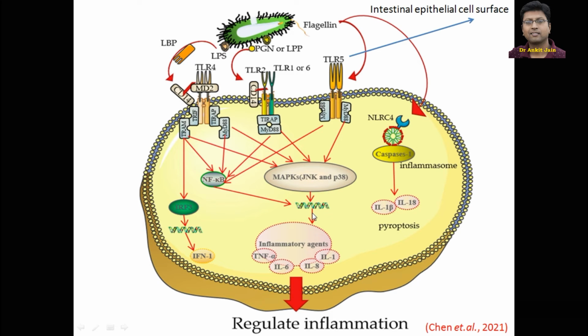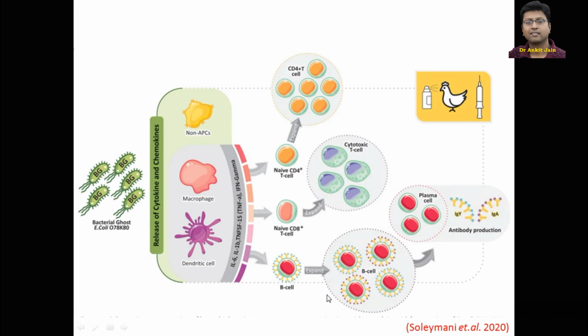They produce different types of gene expression, leading to further production of different cytokines. These cytokines are responsible for inflammation, and result in the production of different B cells and T cells. So when the bacterial ghost platform activates different types of cells, it produces T cells and B cells; B cells produce antibodies, and T cells act as cytotoxic cells.